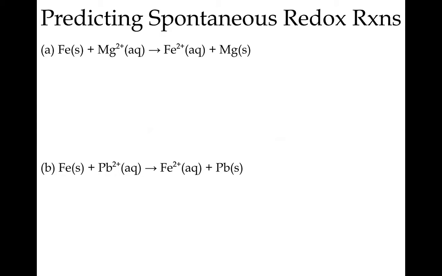Now, predicting spontaneous reactions. We can predict whether or not they're spontaneous based on the way that they're arranged, okay? So again, it's going to be spontaneous if it goes from the oxidized half reaction to the reduced half reaction.